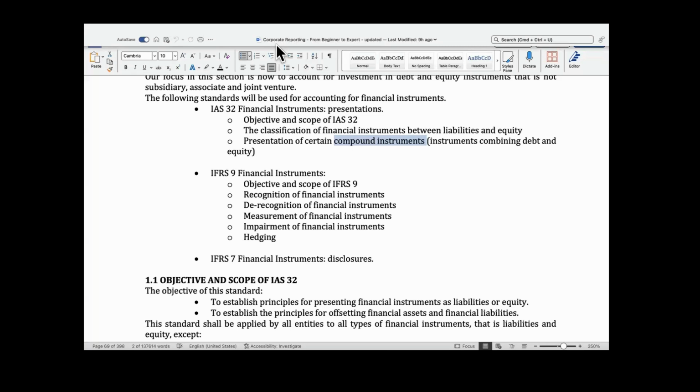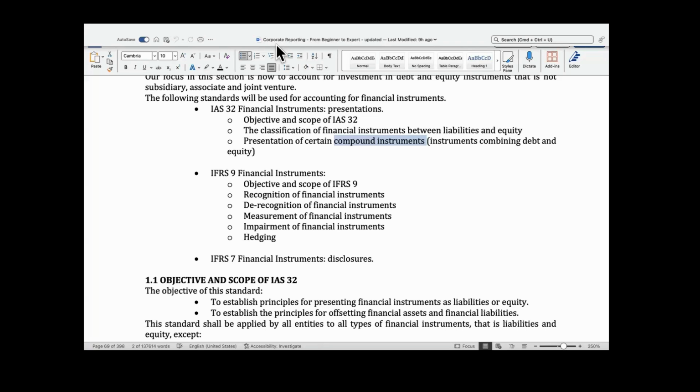If you remember, I told you that in that scenario, the entity has a compound instrument because we are promising to our employees that, okay, you have a choice of either taking cash or taking shares, because we don't know what the employee will settle for.